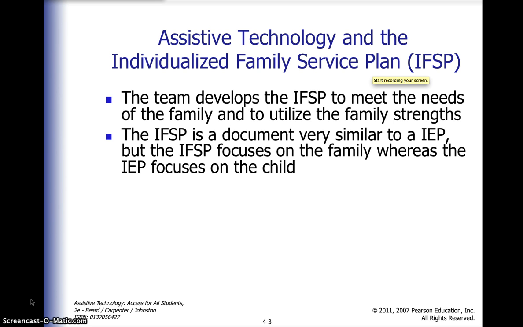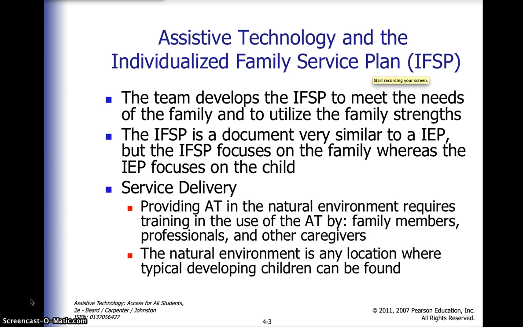So instead of curricular goals, IEP goals, we're really looking at developmental goals. But the IFSP focuses on the family, whereas the IEP focuses on the child. Why? Because the family is going to be the principal form of support and working on the developmental issues.